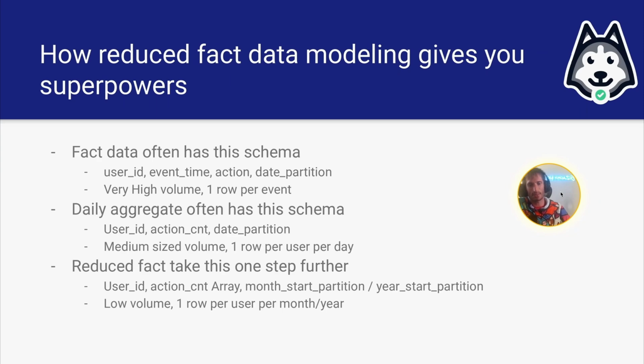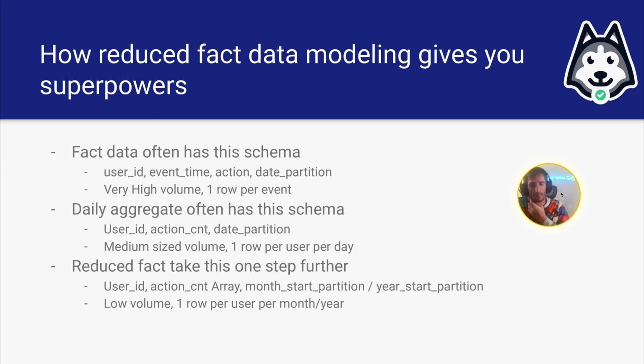Take this one more step, right? So in this case, what you have is a user ID, and then an array of action counts. So you can think of it this way: it essentially cuts the daily data, it divides it by 30 if you use month, but it can also divide it by 365 if you use year. So you can pick which way you want to do it.